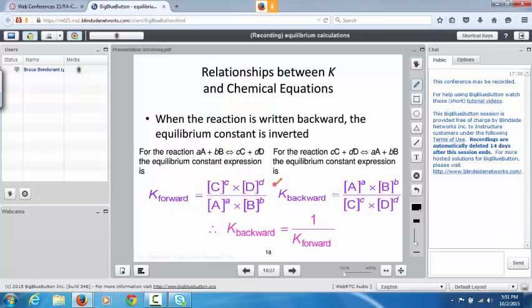So what that means is simply flipping the equilibrium constant upside down, and now K in the forward direction equals 1 over K in the backwards direction, or vice versa. K backwards equals 1 over K forward. So backwards and forward equilibrium constants are inversely related to each other.